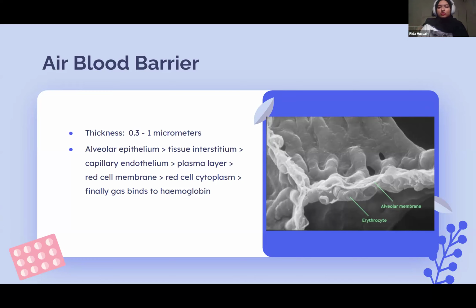There can be very generalized questions on it. So oxygen travels from the alveolar epithelium through the tissue interstitium of the lung to the capillary endothelium to the plasma layer inside the red cell membrane and then into the cytoplasm where it finally binds to hemoglobin inside the red cell cytoplasm. So this is just memorization, no concept behind it.